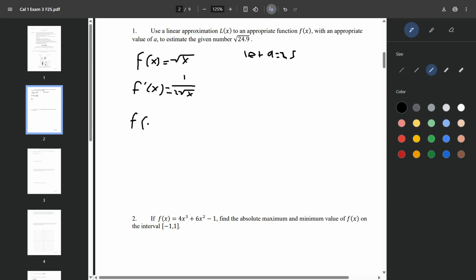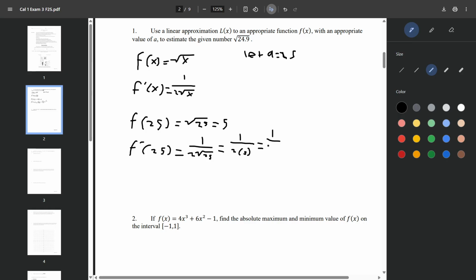So f of 25 equals root 25 equals 5. And we'll do the same for f prime of 25, which equals 1 over 2 root 25, equals 1 over 2 times 5, equals 1 over 10.